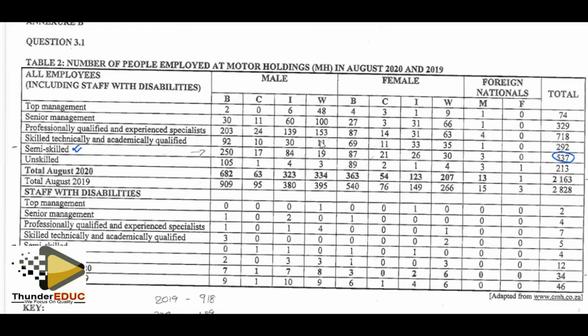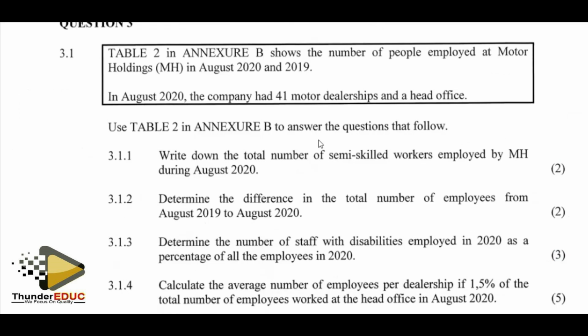All employees including staff with disabled. So here we also have semi-skilled. So our answer becomes 537 plus 4, which became 541.